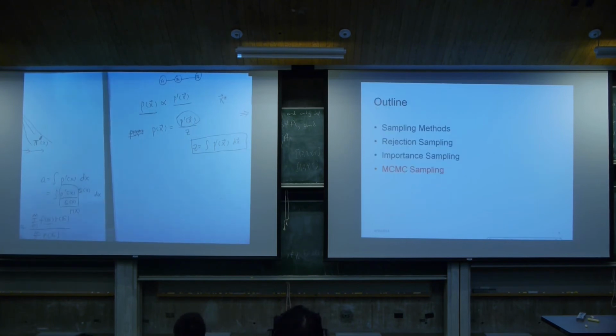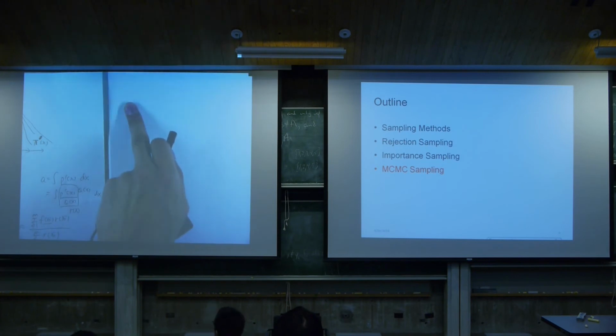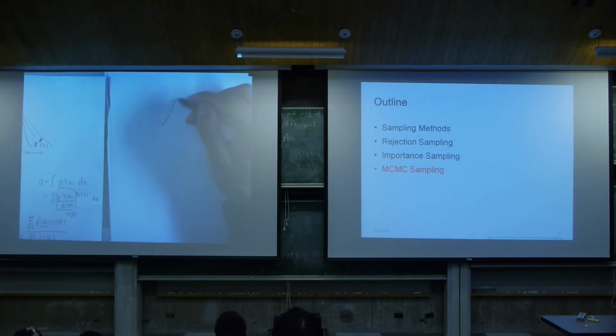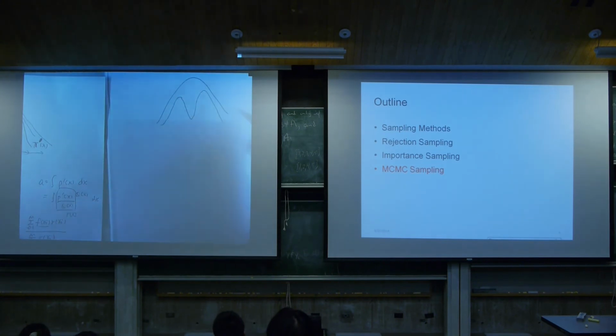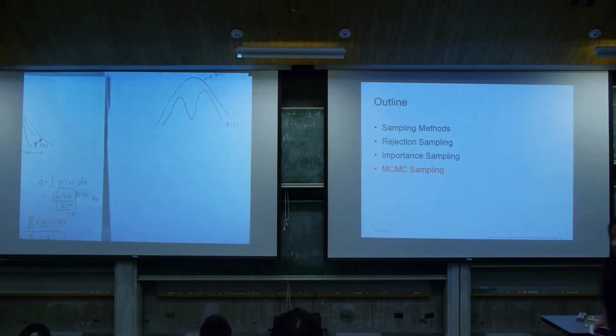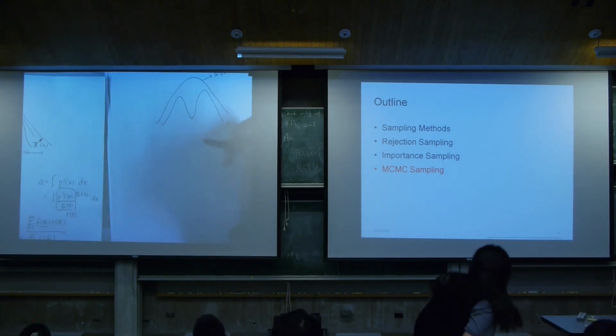Okay, let's go to the MCMC sampling method. Let's summarize again the disadvantages of rejection sampling and importance sampling. This is the true target distribution we are trying to get samples from, P of x, and this is Q of x, let's say a Gaussian.